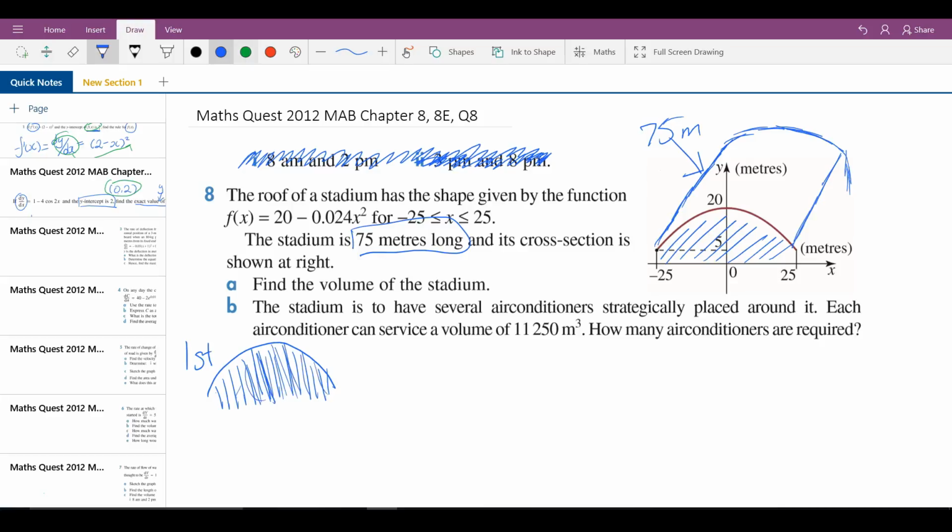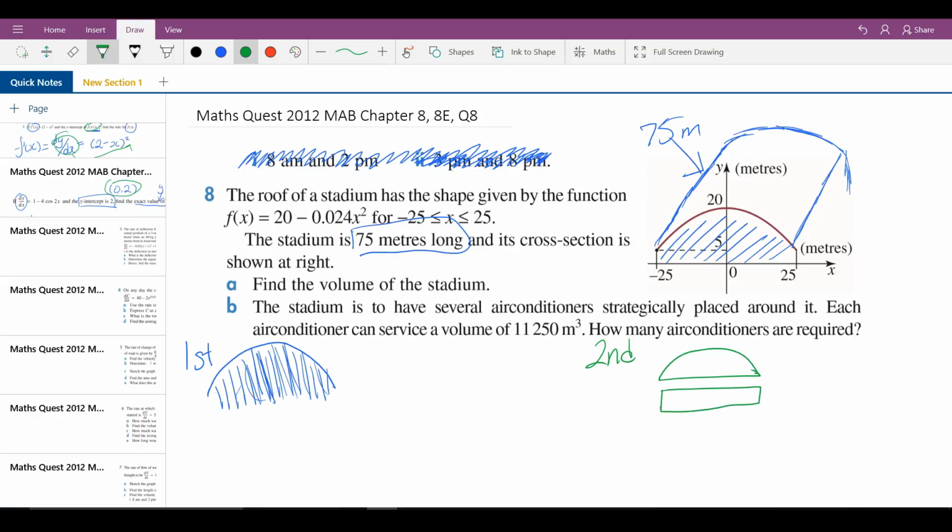The second method is we can treat the cross-section area as two parts. One part is the arc, or the half, whatever they call it. It's not a circle. And the other bit is just a rectangle at the bottom.